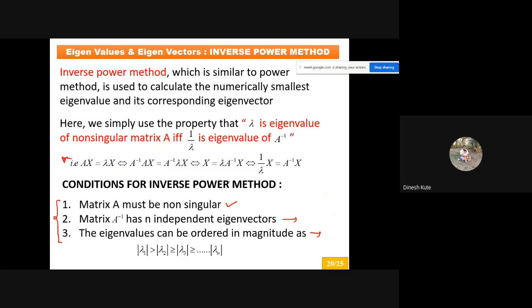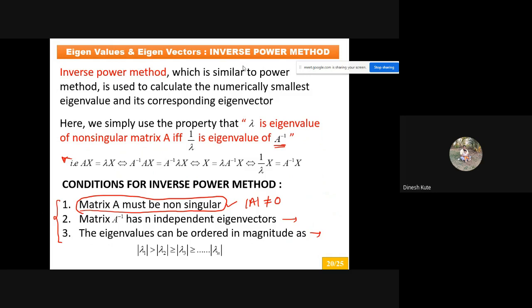These are the conditions for power method. But for inverse power method, we need this A inverse, so we have to add one more condition: that matrix A must be non-singular, or simply the determinant of this matrix must not be equal to 0.